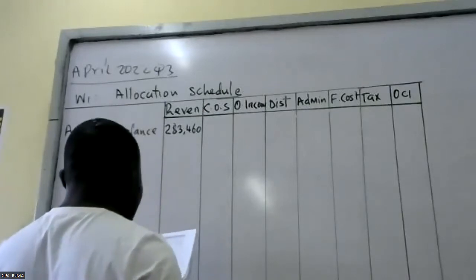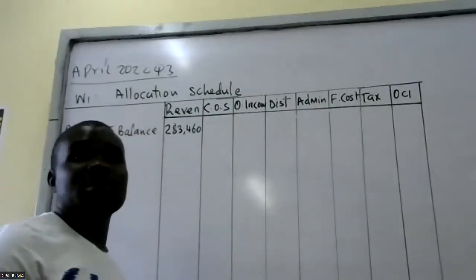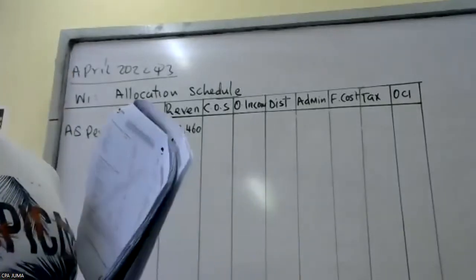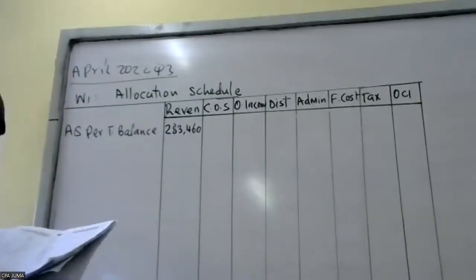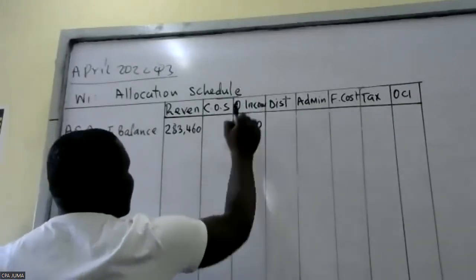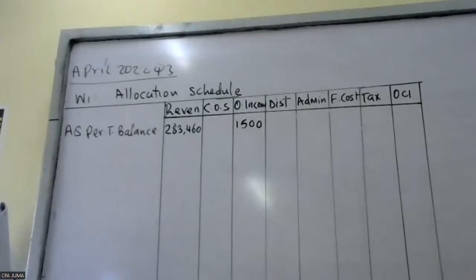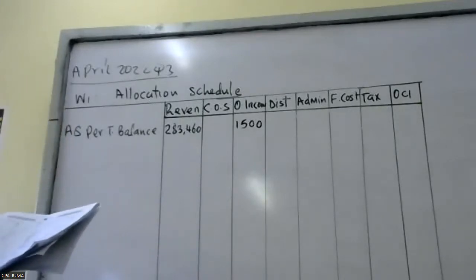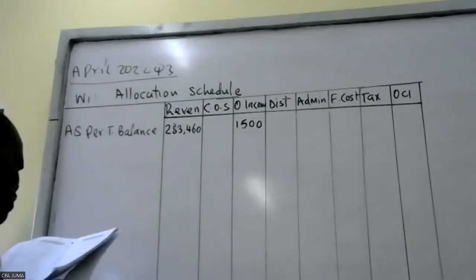Other income. Are you seeing investment income somewhere? Mostly investment income comes under other income. Have you seen it? Yes. How much? 1,500. So capture there 1,500. Then after that, are you seeing distribution? Yes.